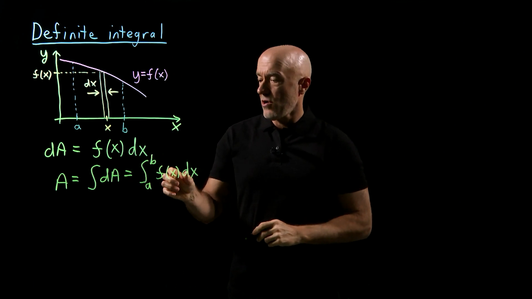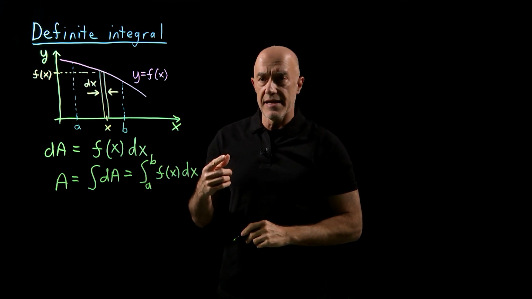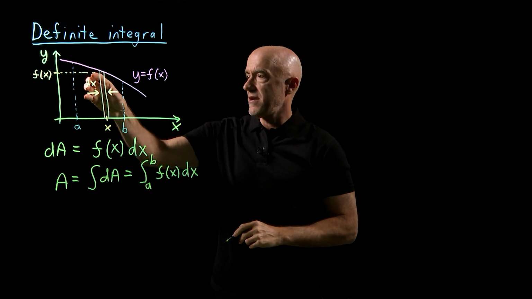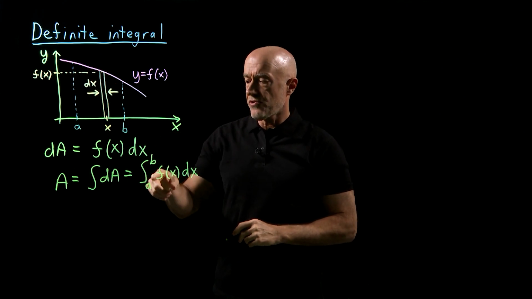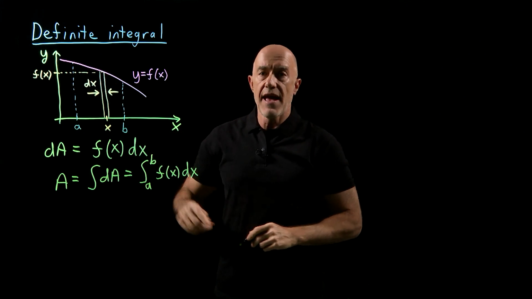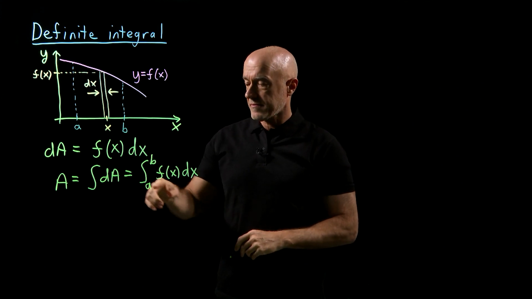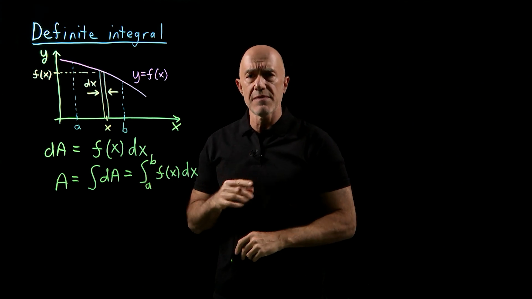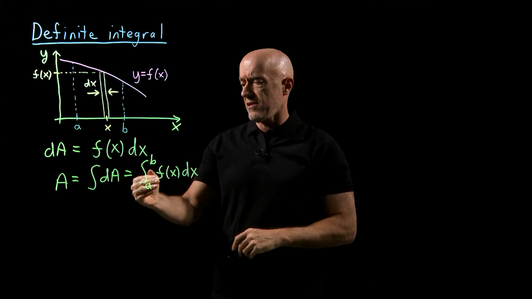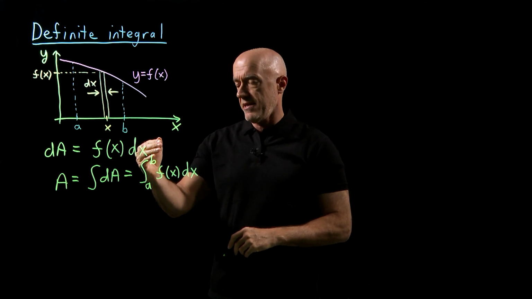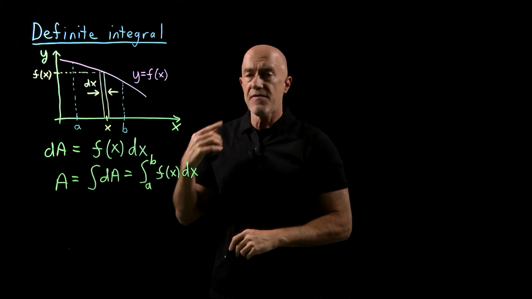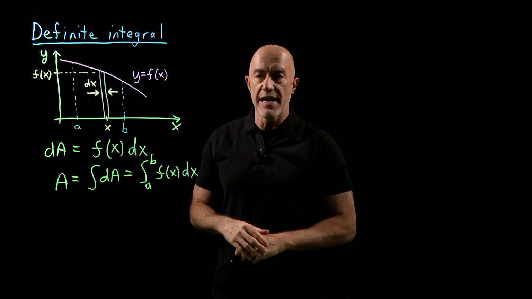Okay? So let me say that again. The area under the curve is the integral from a to b of f of x dx. a and b are called the limits of the integral. a is the lower limit, b is the upper limit, and f of x is called the integrand.